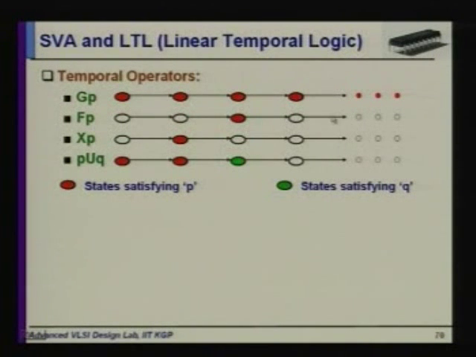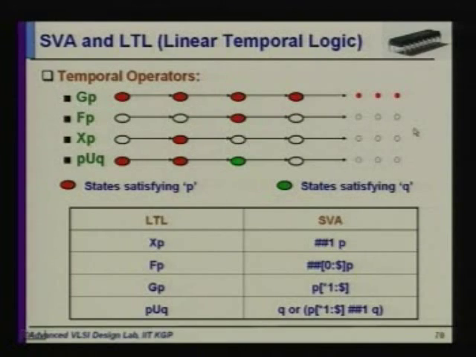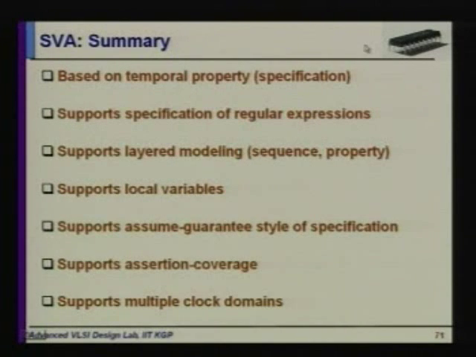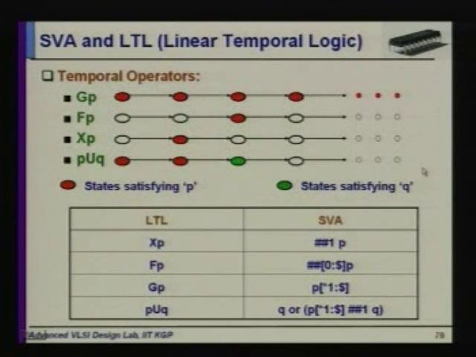The reason I mentioned this is that there is an equivalence between LTL and SVA. Like next P, we have modeled it by hash 1 P, then in the next cycle P is true. By future P, I mean that till the end of the simulation there must be a P, that is 0 colon dollar P. By global P, I mean that P will hold from 1 to dollar, any time throughout the execution, throughout all the steps.